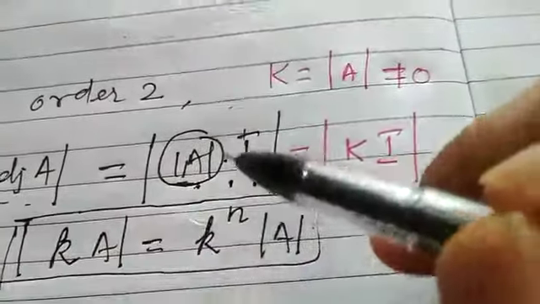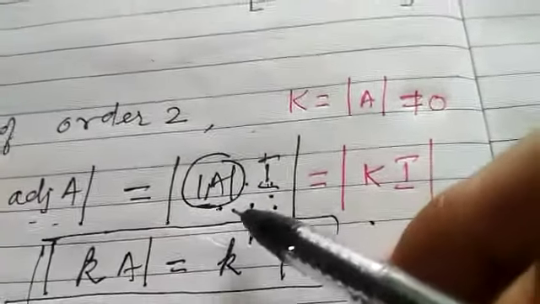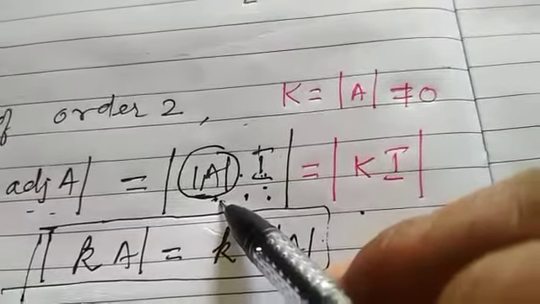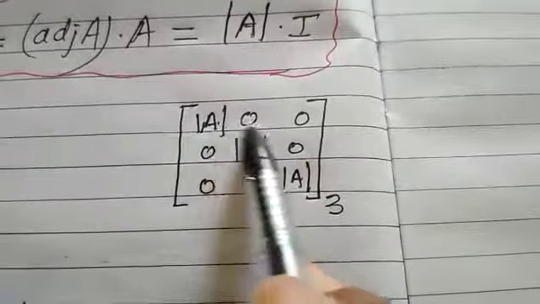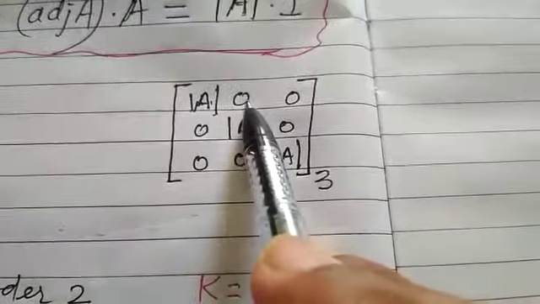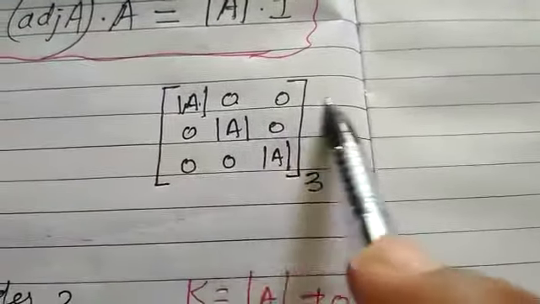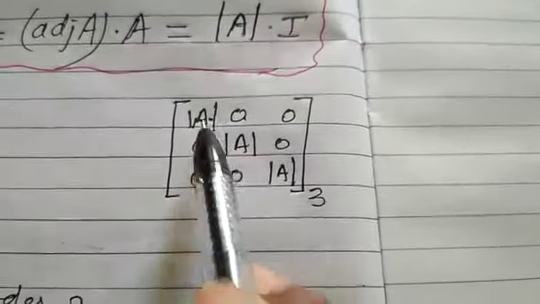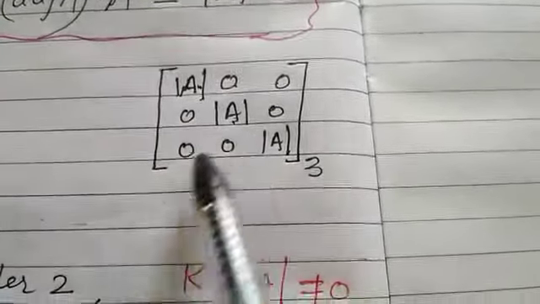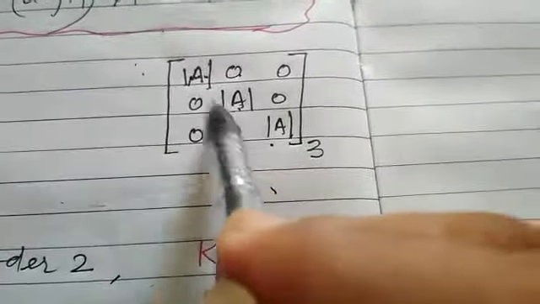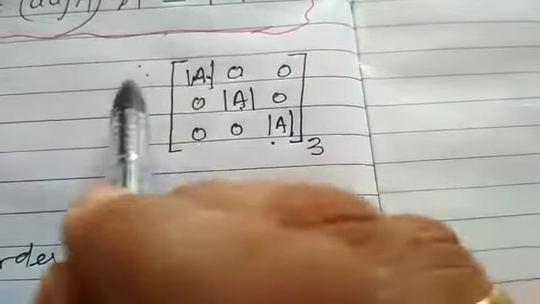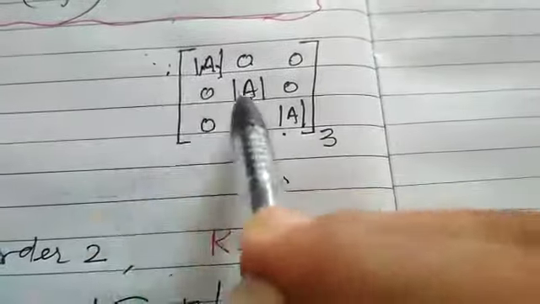Now the determinant of a scalar matrix in which each diagonal entry is determinant A, like this, with 0s elsewhere. This entire row has determinant A, this entire row has determinant A, and this entire row has determinant A. If I take out these factors from the determinant, I have to take out determinant A three times.